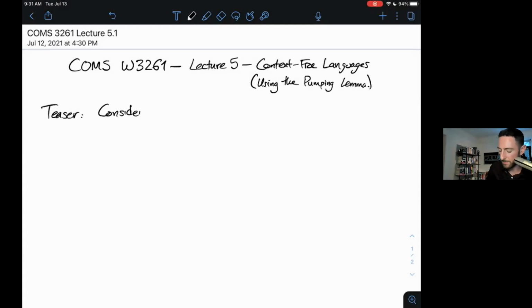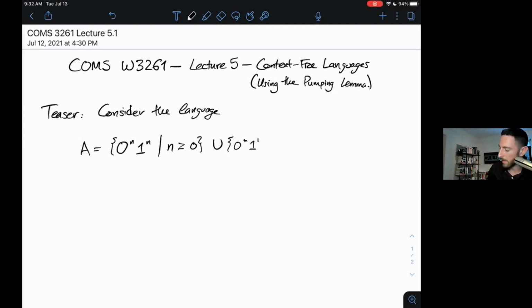Consider the language A equals 0 to the n, 1 to the n, for some n greater than or equal to 0, union with 0 to the n, 1 to the n, for any two numbers, n greater than or equal to 0, m greater than or equal to 0.